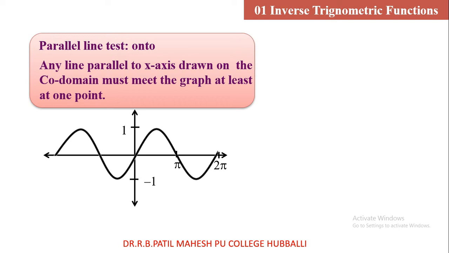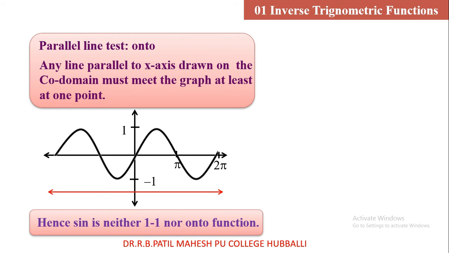At least means minimum at one point it should meet the graph on the codomain. Now you can check a line parallel to the x-axis. Is it going to meet the graph? No. Hence, the sine function is neither one-one nor onto. Sin x is a function which is not one-one and not onto.